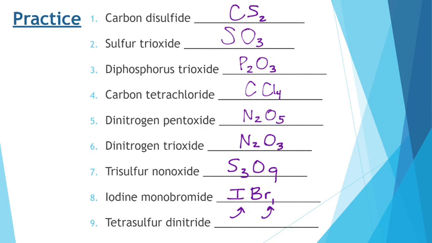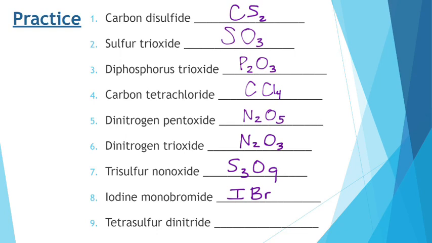That is just not done. It kind of looks like commas, and if we wrote the element symbol, it's obviously got at least one of them in there. So just IBr, no ones included in the formula, ever, ever, ever, no matter if the prefix mono is there or if it's not there.